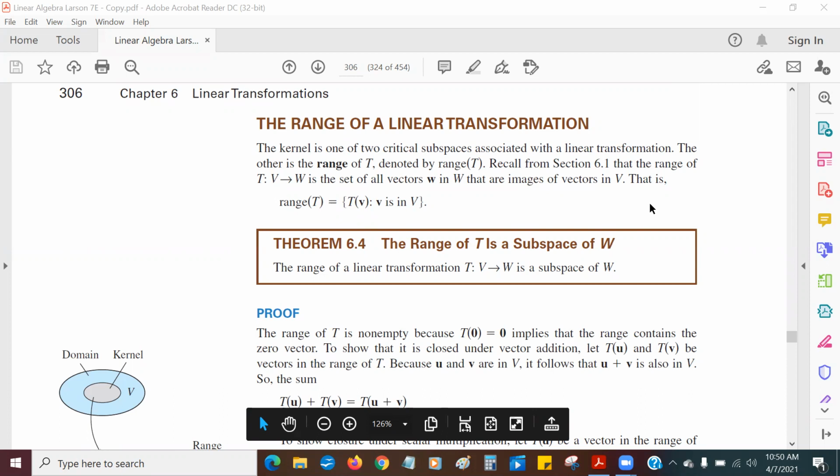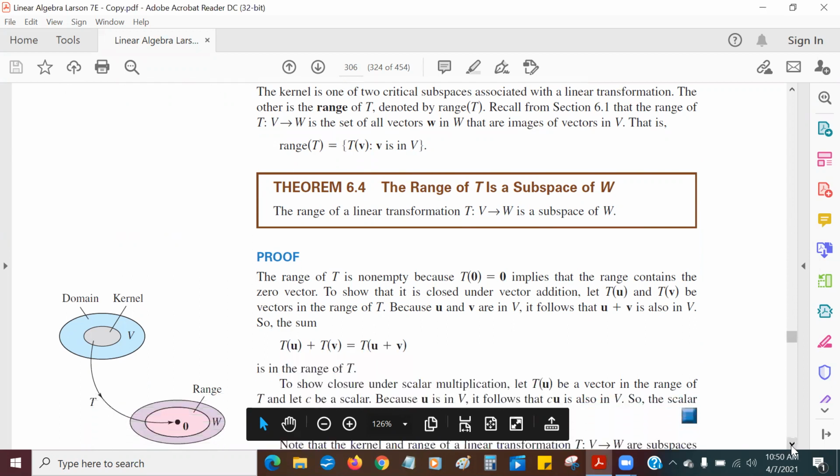Okay, well, just like the kernel turned out to be a subspace of V, the range turns out to be a subspace of W. Meaning, if you look right here, the range of a linear transformation T from V to W, two vector spaces, is a subspace of W. And that's actually pretty easy to prove.